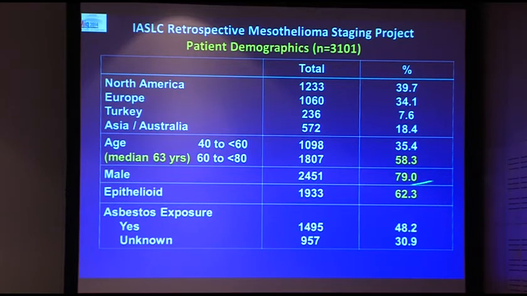The usual sort of distribution of gender and epithelioid histology, and asbestos exposure data was not complete. It was not available in about 20% of patients. It was stated as unknown in 30% and was not recorded or was uncertain in the other 20%, in case you're wondering why those two figures don't add up.